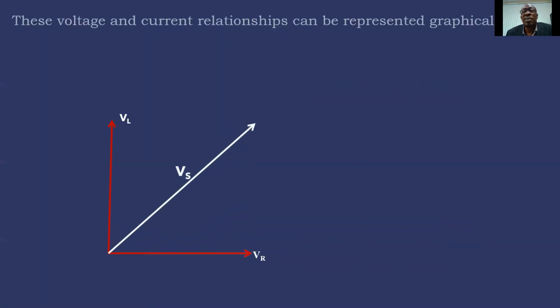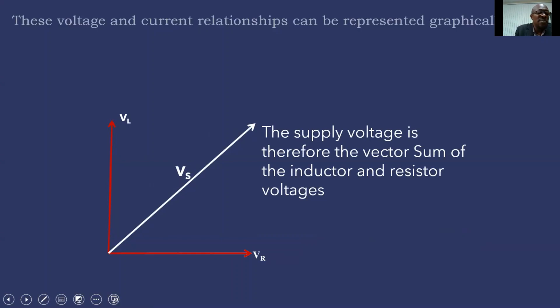Now, at all times, because we have a closed loop in our circuit, the supply voltage will be the sum, albeit in this instance a vector sum, of the voltage across the inductor plus the voltage across the resistor.